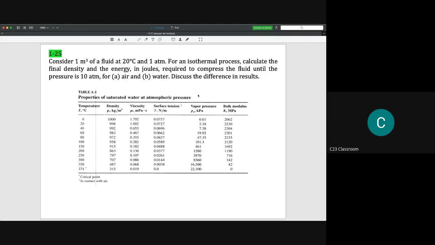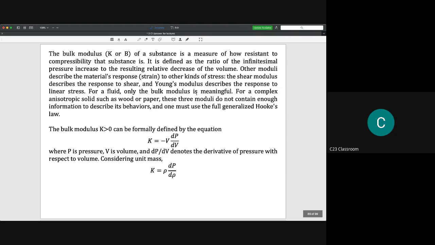This property can be found in our textbooks, in Table A1, where we have the water at atmospheric pressure. The idea depends on the bulk modulus.